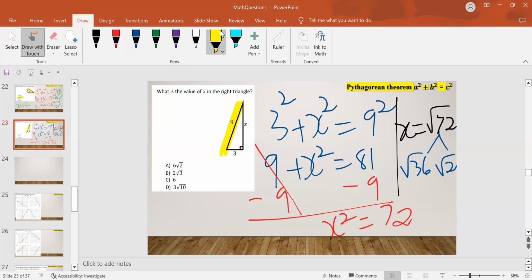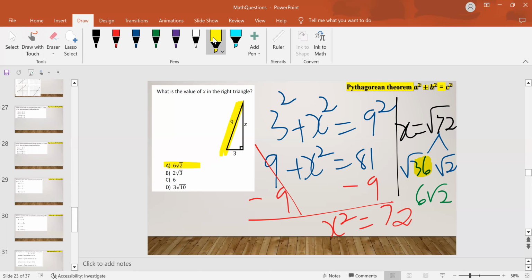Yes. So the square root of 36 is a regular 6. So I have 6 square root of 2. That's the correct choice, and that is A.